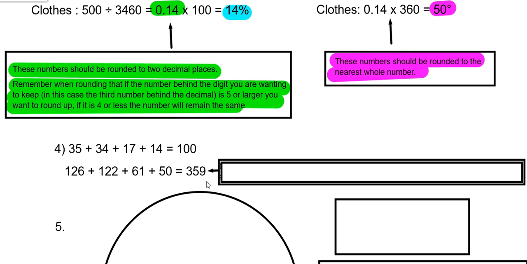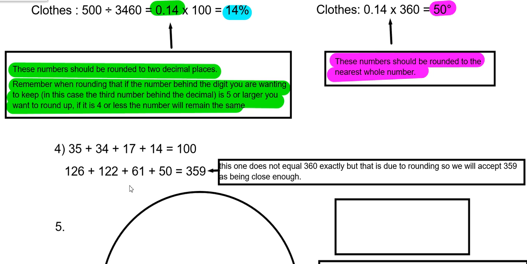I only have 359 degrees. That's okay. The reason is due to rounding. Some of those numbers were rounded down, some were rounded up. They didn't exactly equal 360, but it's close. If you get anywhere from about 358 to 361, 362 maybe, you're in the right ballpark.